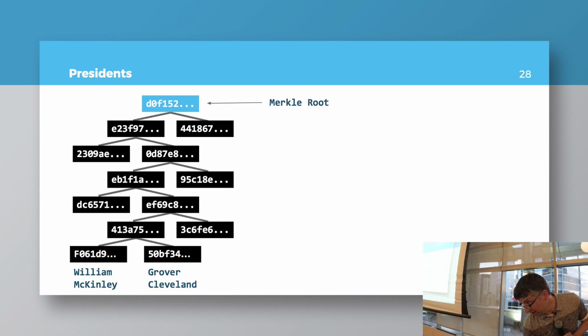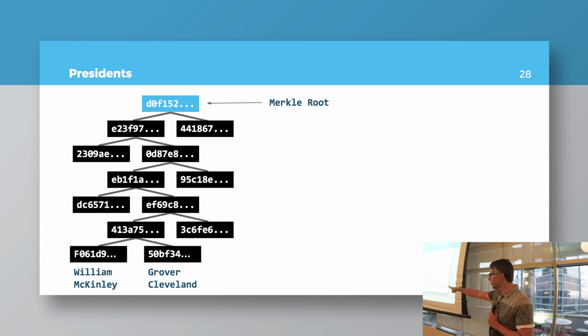So first of all, let me talk about what a Merkle tree is and how we're going to compress our data. And it's very simple. I took the presidents, and I did this on my computer yesterday. I built this Merkle tree out of these presidents. Here are two presidents, William McKinley and Grover Cleveland.